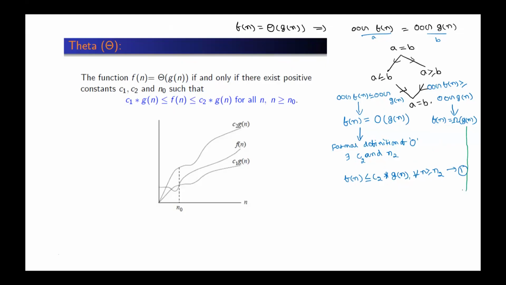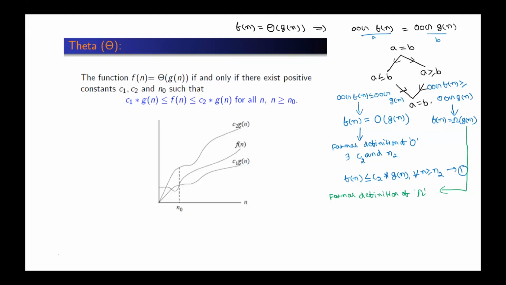Similarly, if f of n is big omega of g of n, then what is that? According to the formal definition of big omega, what should exist?